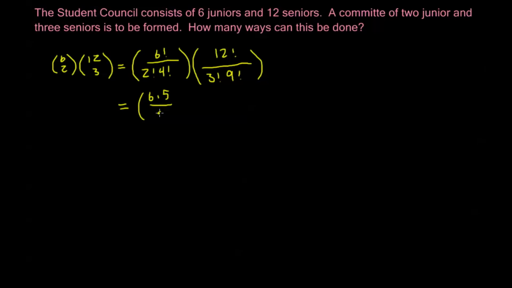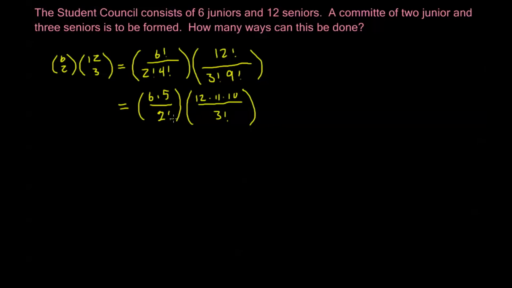The reason being, 6 factorial is just 6 times 5 times 4 times 3 times 2 times 1, or in other words, is 6 times 5 times 4 factorial. So this is 6 times 5 times 4 factorial, which cancels with the other 4 factorial. And over here I can do something similar. This is going to be 12 times 11 times 10 divided by 3 factorial.